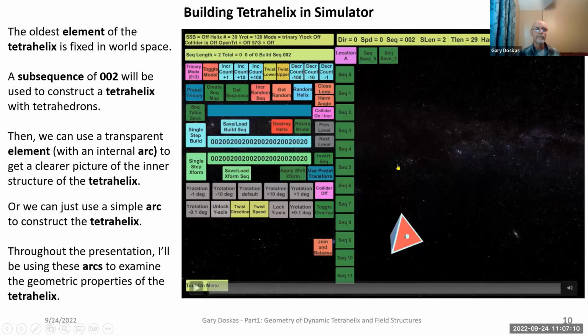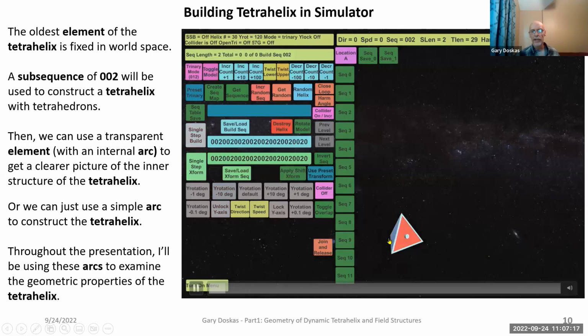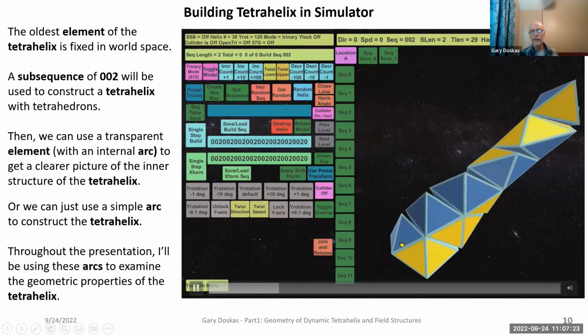So now I'll just start this video that shows an example of building a tetrahelix. The oldest element is fixed in world space, and I'll be using a subsequence of 0, 0, 2 to construct a tetrahelix from tetrahedrons.